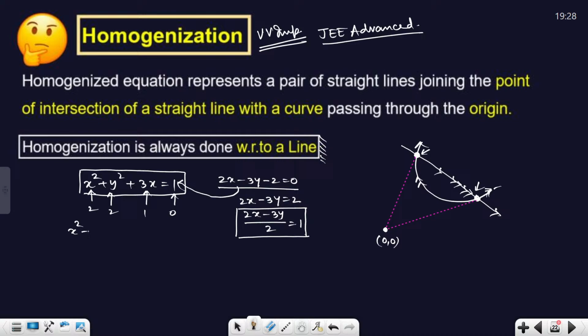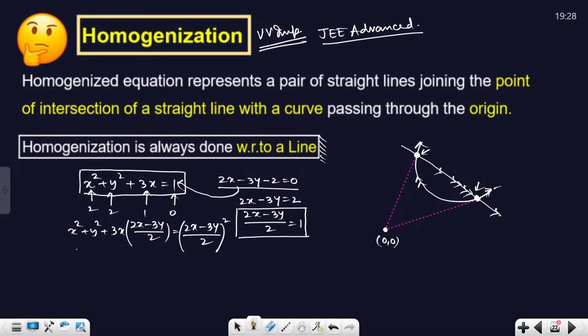Now for this equation, here is 3x. So 3x means 3x into 1. In place of that 1, you write the thing that you got. And 1 means 1 square, so that is (2x minus 3y by 2) whole square.